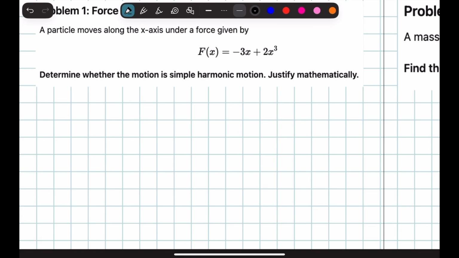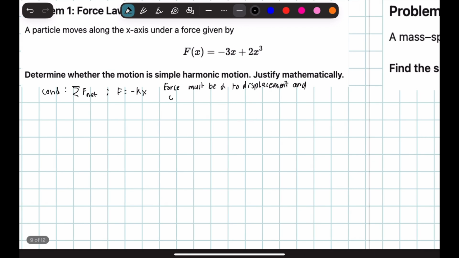So we know that first, the condition for simple harmonic motion is that the net force must satisfy F is equal to negative kx, where the force must be proportional to displacement and opposite in direction to displacement.